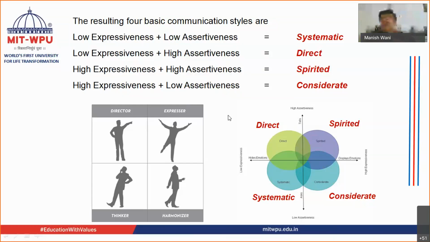Whether you have a direct, systematic, or other communication style. If you ask me, I feel myself in the category of high expressiveness and high assertiveness. It is a spirited kind of communication style.